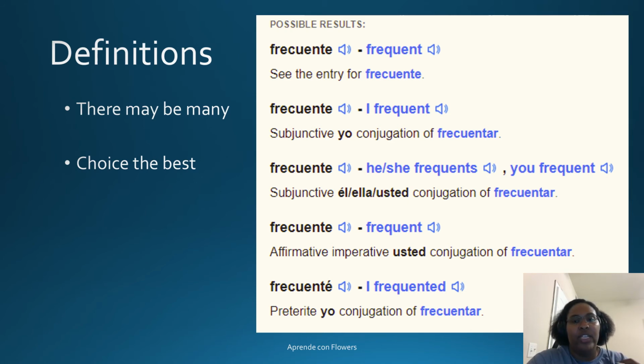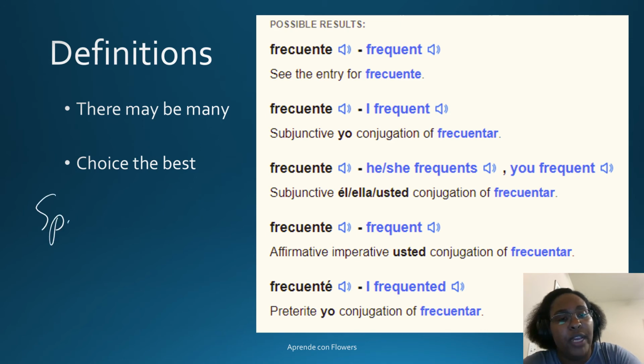We have frequent, I frequent, he, she frequents, you frequent, I frequented. Those are all for one word. I'm not going to write down all of them. I will pick the best one for the moment. And then if you have questions, leave it in the comments, message me. Or one of my favorite tools to use is called SpanishDict. And let's spell it out for you. So we have Spanish.